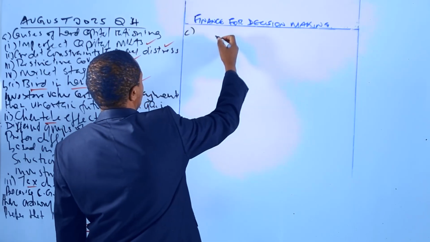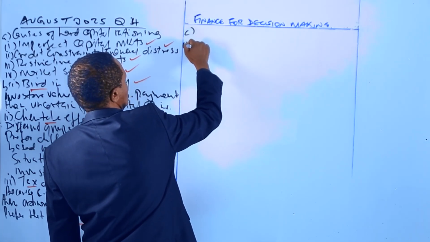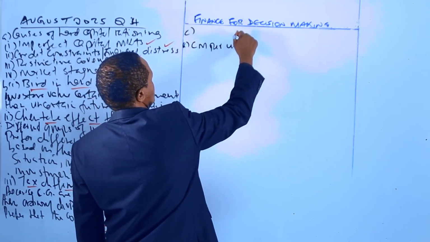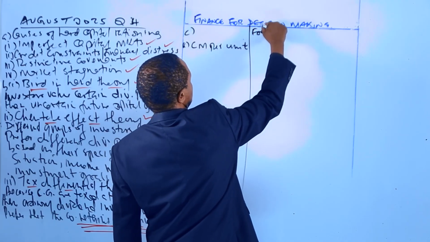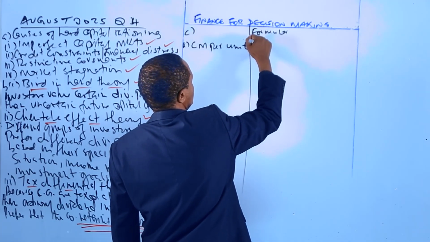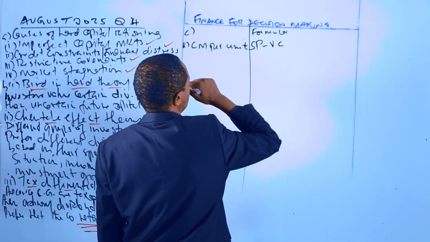So we have the requirement here: contribution margin per unit. What is the formula? The formula of contribution margin per unit is selling price per unit minus variable cost per unit. That is the formula.